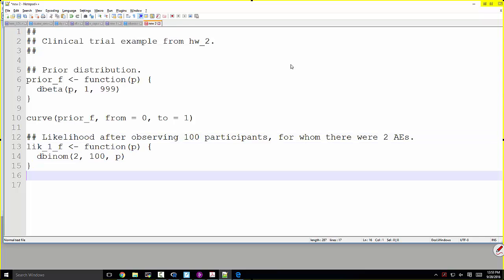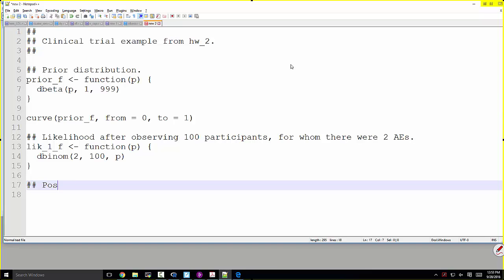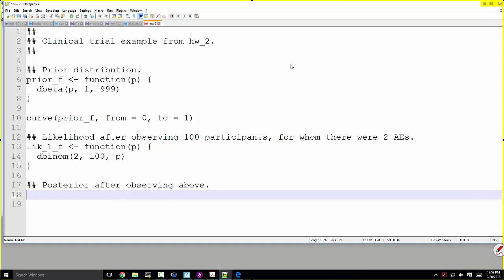Now let's do posterior. Posterior after observing above. And I'll say posterior f is a function of p.